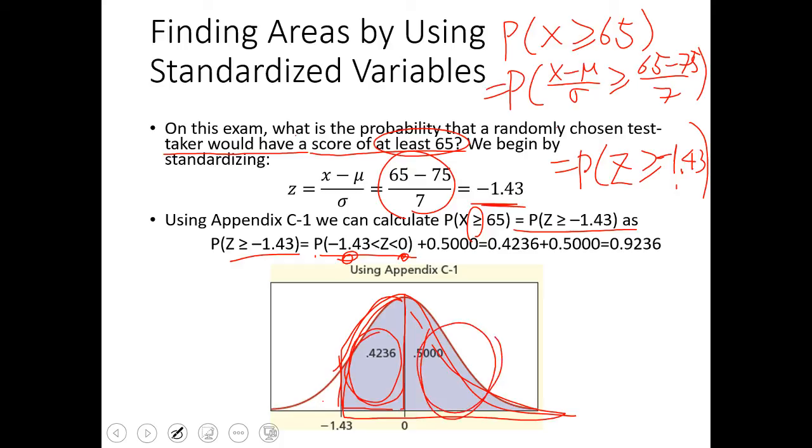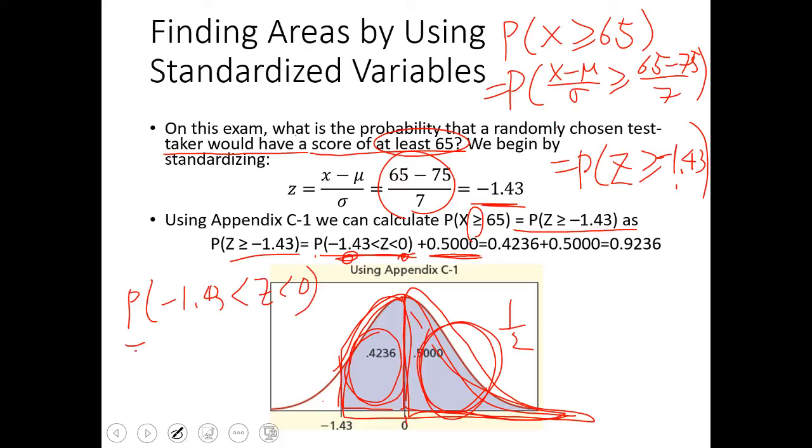This area is always 1 over 2, 0.5, because it is half of the bell shape. And the probability that z is between minus 1.43 and 0 is the same as the probability that z is less than 1.43 and greater than 0. So we can use appendix C1, we obtain this number, and finally we obtain this number.